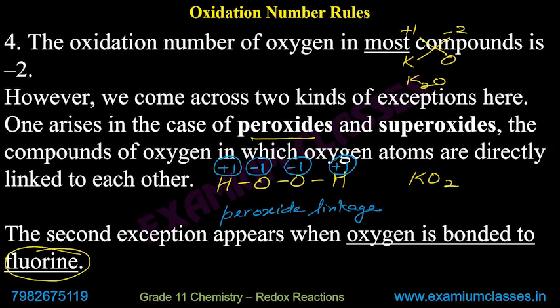If one element gives 2 electrons, the other species has to gain those 2 electrons. If 3 electrons, then 3 electrons. So charges have to be balanced. Because hydrogen can give only 1 electron maximum, this oxygen can have oxidation state -1 only. So this part is balanced and this part is balanced. Both are balanced.